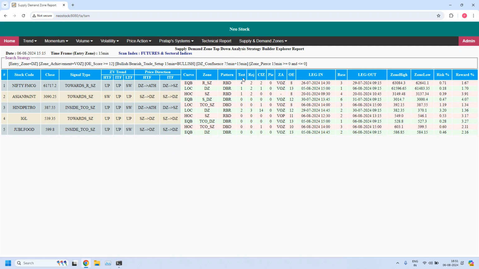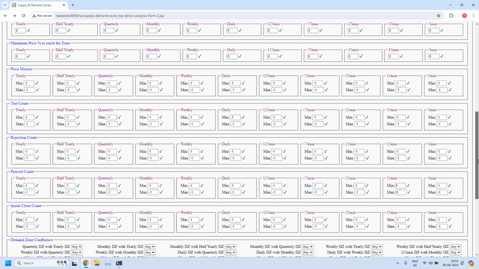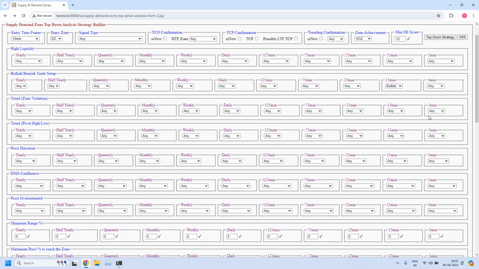Now let us check if this is also having confluence with the HTF, that is daily time frame. So we already selected 15 minutes with 75 minutes demand zone. Next, 15 minutes with daily demand zone confluence enabled, and also 75 minutes demand zone and daily demand zone confluence also enabled, that is ITF and HTF confluence.